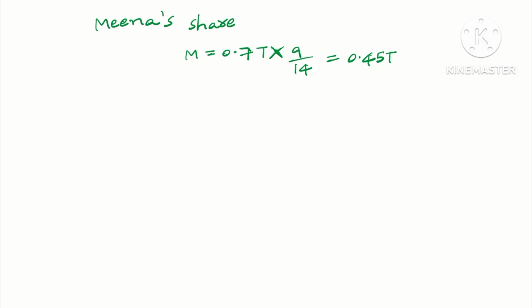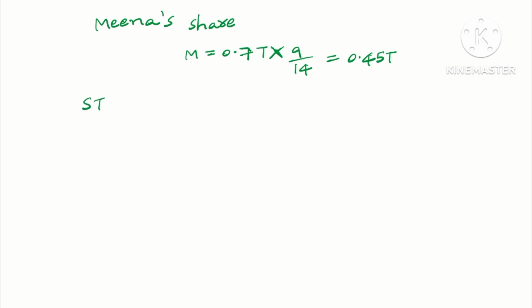Let's find Meena's share. Let's think it as M, 0.7T into 9 by 14. So we get the 0.45T.